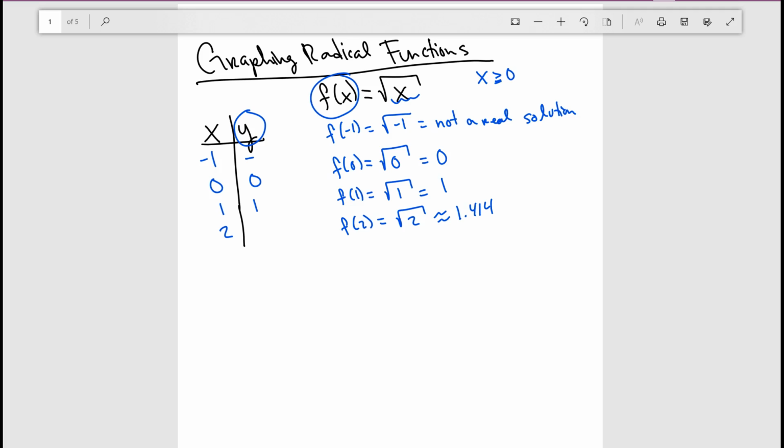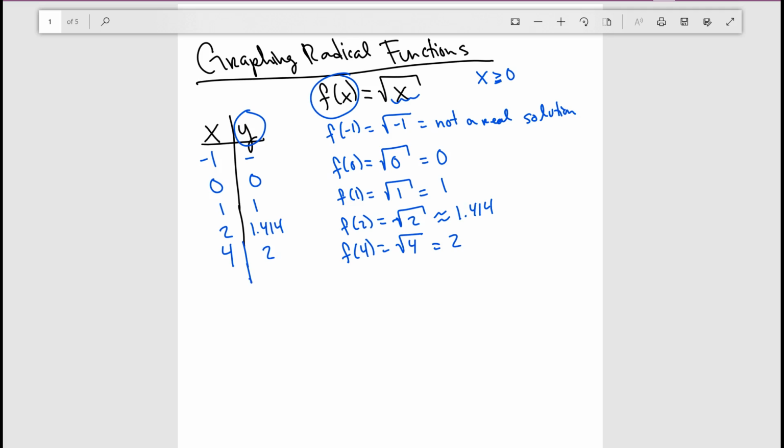These numbers are good, it's just that you might have to approximate them by using a calculator. So let's put something that might be a little bit more useful. For example, 4. If I plug in 4, I'm going to get f of 4, which is the square root of 4, and we know that that's just going to be 2. And we can keep plotting them if we want to.